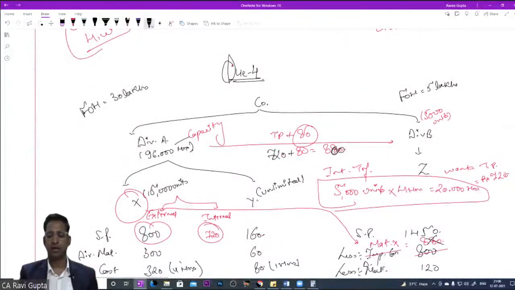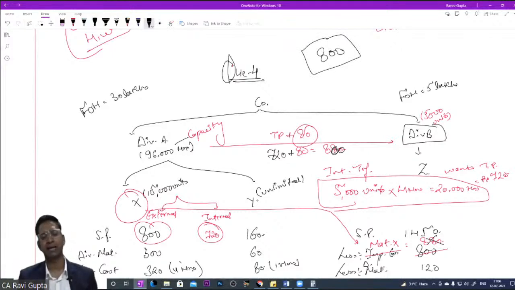For division B, if it can purchase directly from outside at 800 rupees, and if I have to purchase from division A, I need to do some modification to use it in my product Z. That modification cost will be 80 rupees.